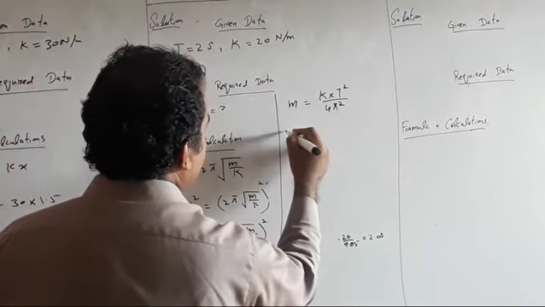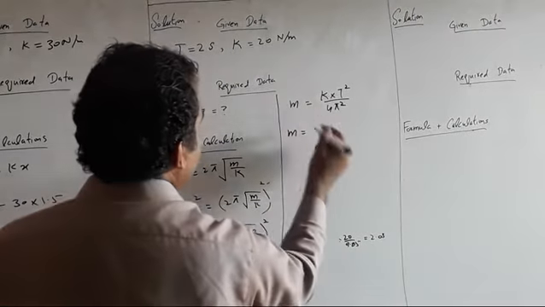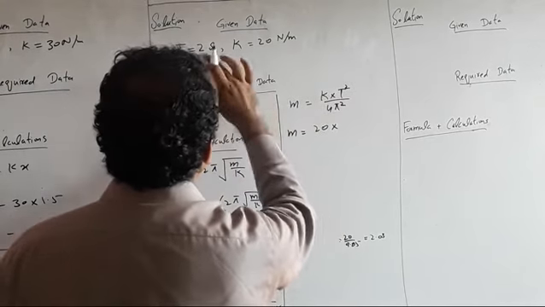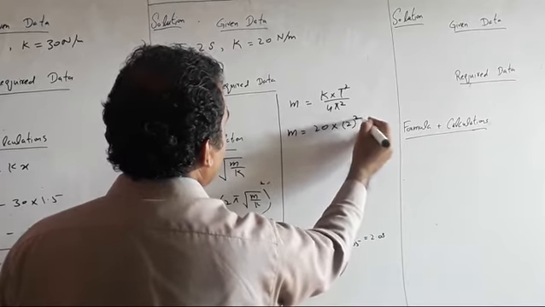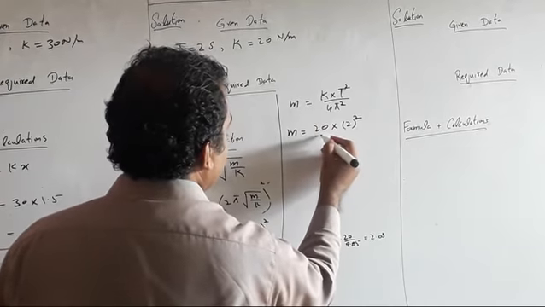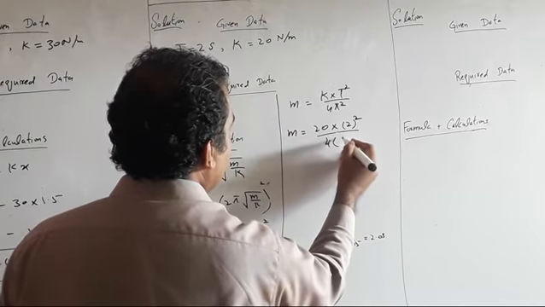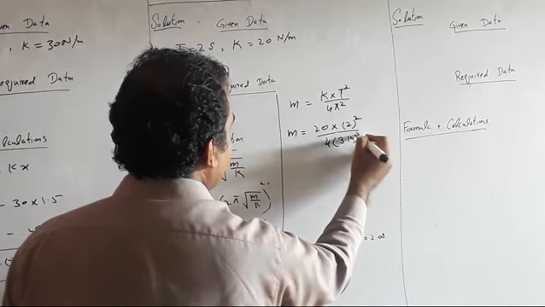Now putting the values, m is equal to, here the value of k is 20, so I will write 20 multiply value of time period is 2, so 2 whole square, as there is a square on time period, divided by 4 and pi square, the value of pi is 3.14 and with a square on it.